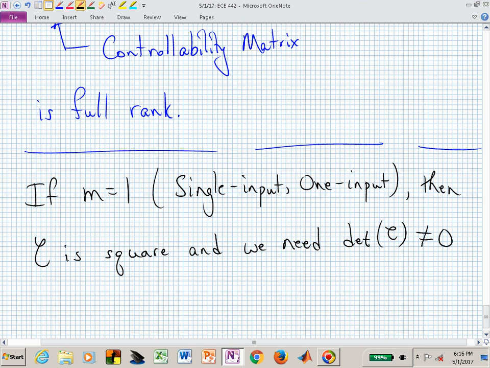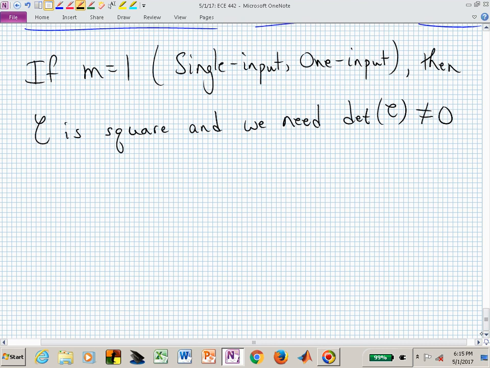It could be negative as long as it's not equal to 0. We need it to be non-zero for the system to be controllable.